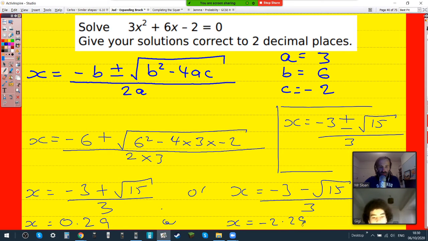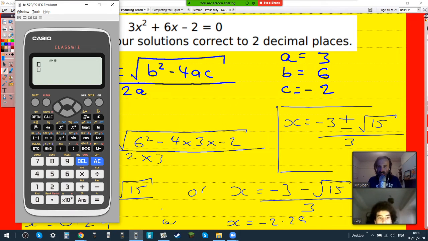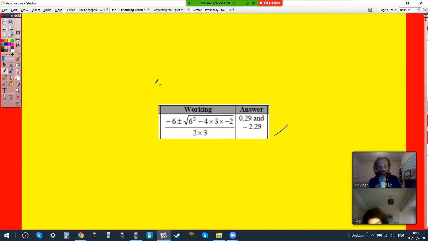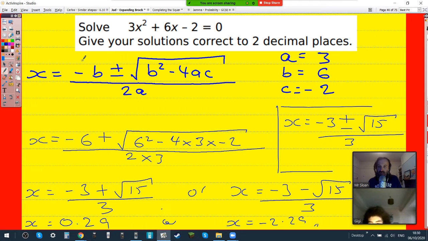And if I was to put into the calculator minus 3 minus root 15 over 3, we would get minus 2.29. Yeah, because they're not going to be symmetrical like that. Great. A is that, B is that, C is that, and it's just the world's longest substitution question, basically. Right. Any questions there? No.